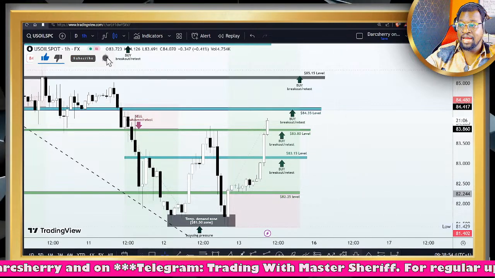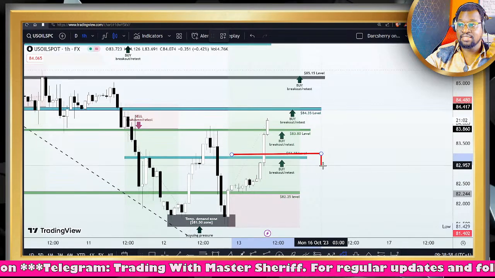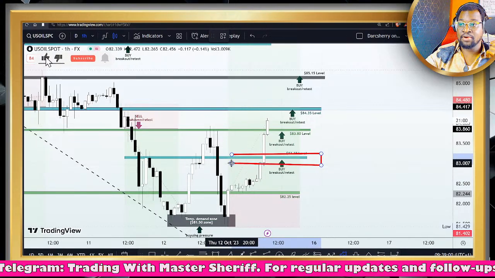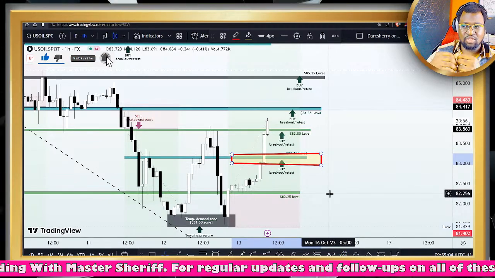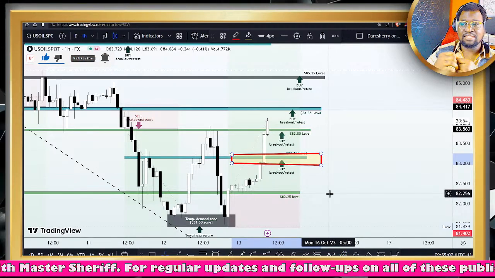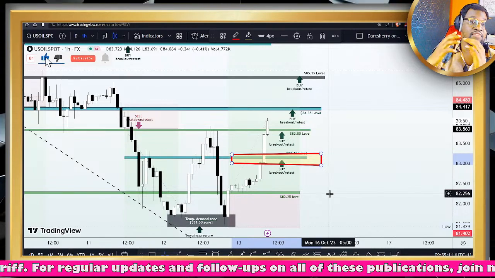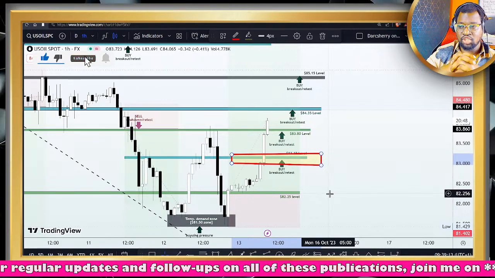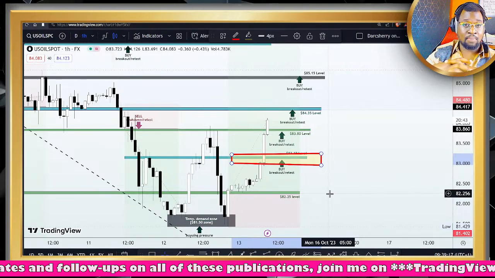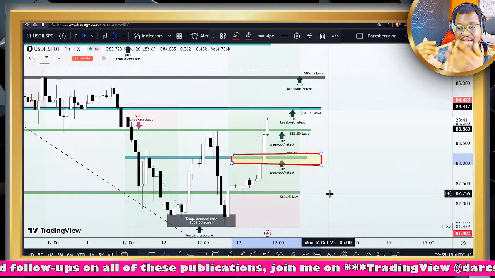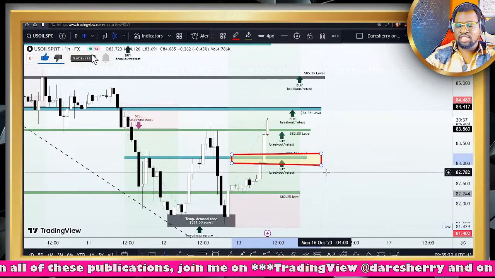So at this point, I will be suggesting that we place all our stop losses to secure the current positions around the $83.15 level, which is going to be enough room at least for price action to breathe in anticipation of an uptrend continuation. So on the US oil spot, we have maintained our bullish bias since yesterday, and it appears price is still holding on in that particular direction.